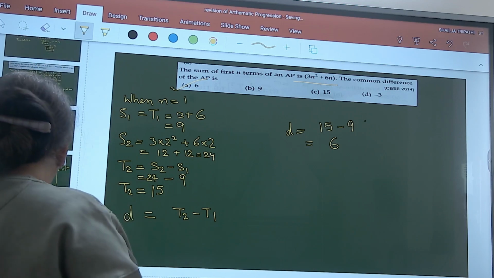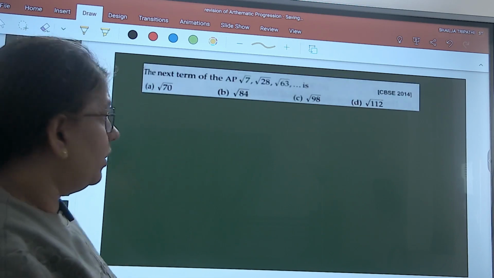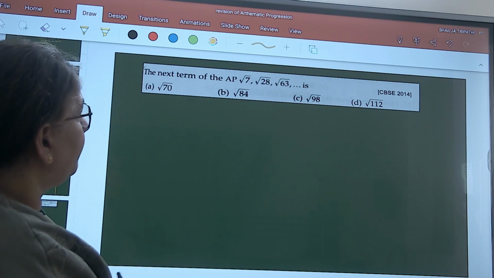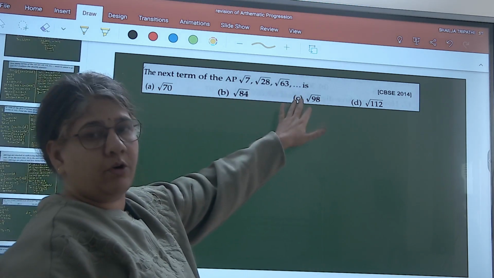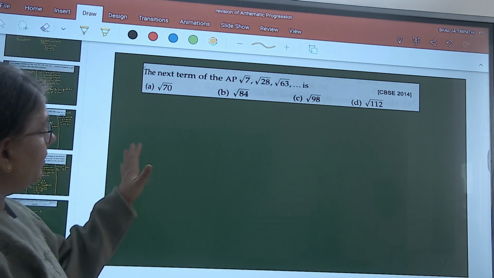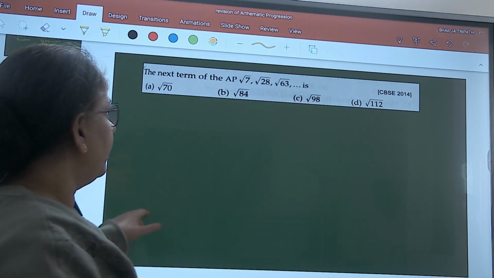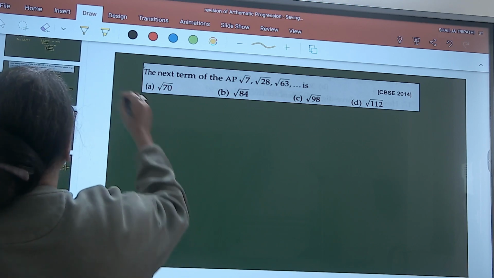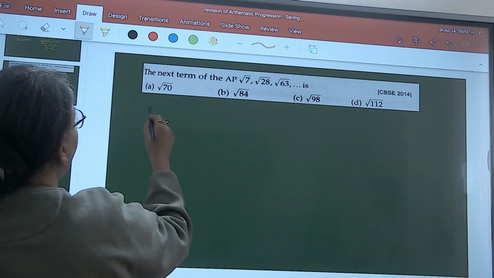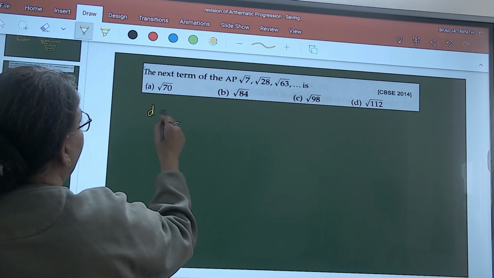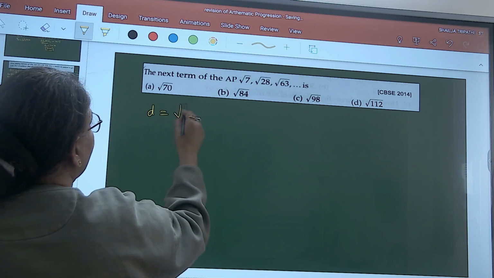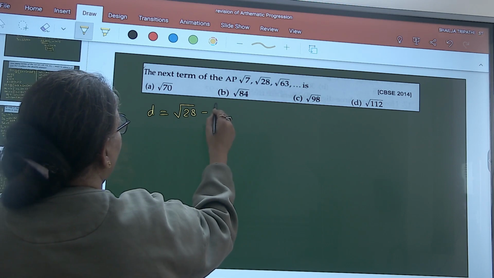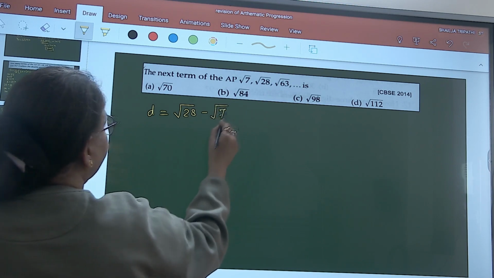Now let's come to the next MCQ question. Here we have to find the next term of the AP. Again, we'll begin by finding the common difference D. See, common difference D is written as root 28 minus root 7.